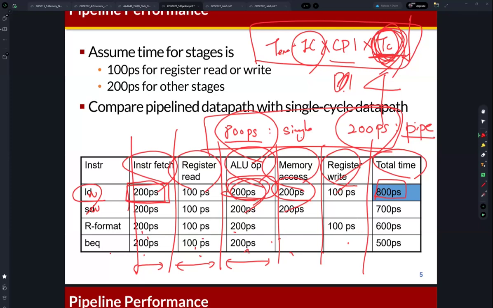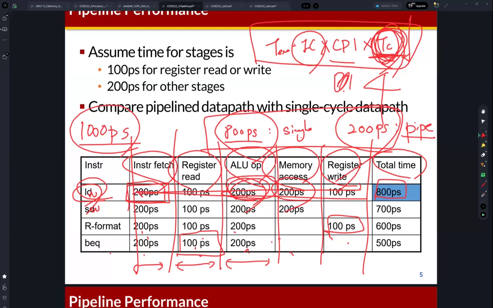Okay? So you can find the 100 picosecond and 100 picosecond here. The delay is different. Okay? So also, if we check the execution time of one instruction, it becomes 1000 picosecond.